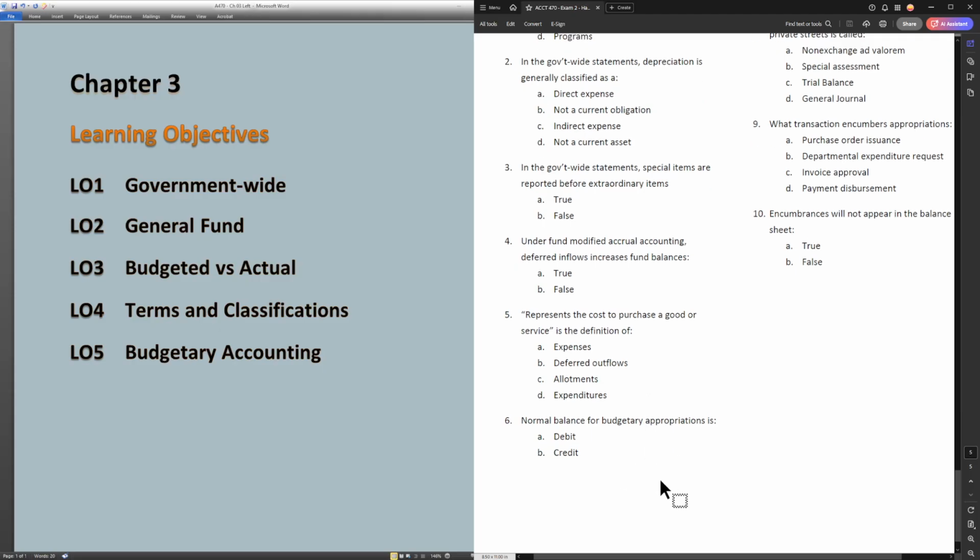Normal balance for budgetary appropriations is, well, remember, appropriations are estimated expenditures. An expenditure is like an expense. An expense has a normal balance of a debit. Therefore, budgetary appropriations are the opposite, which would be a credit.